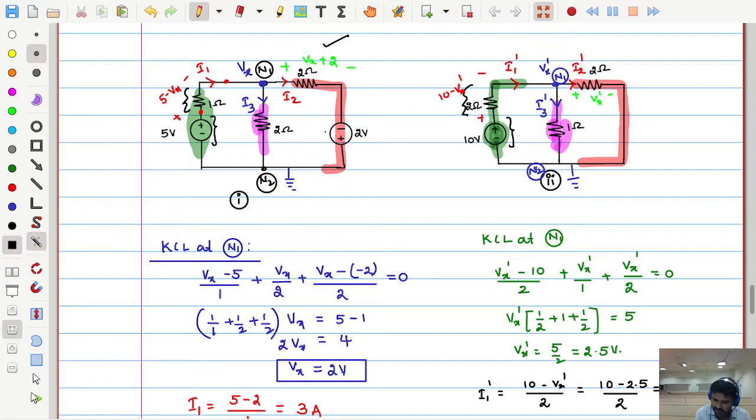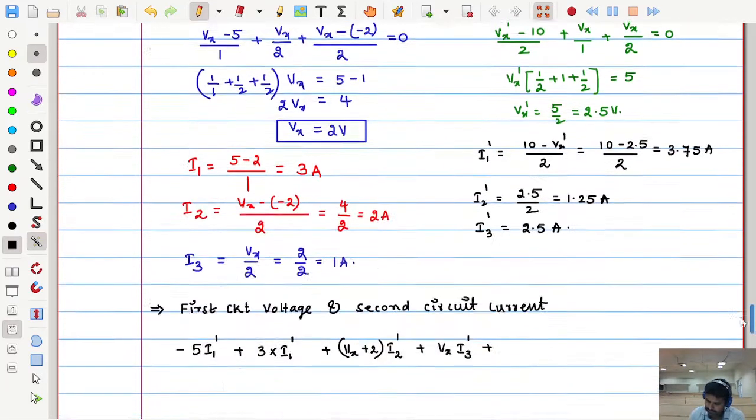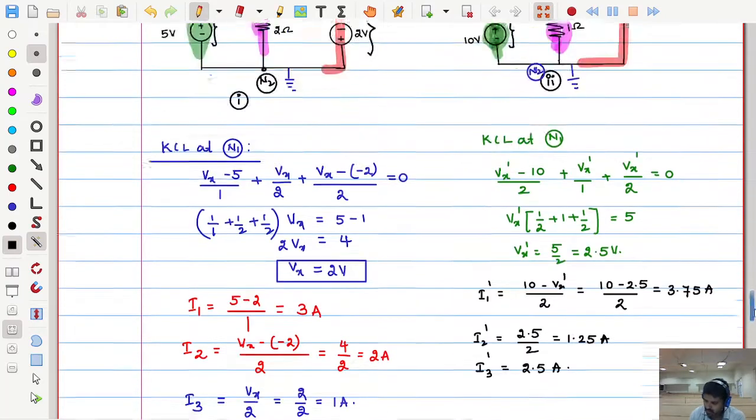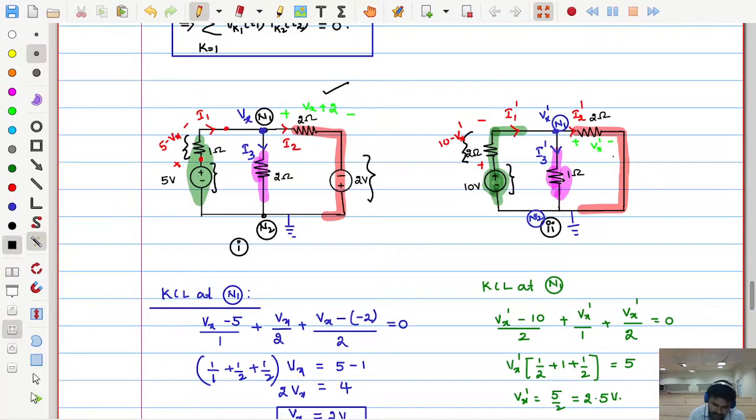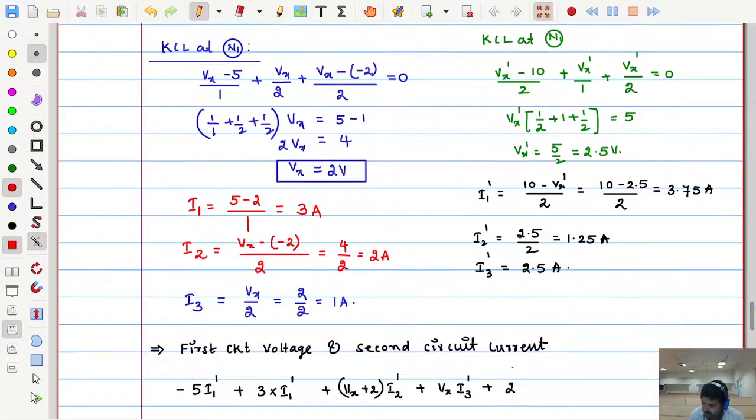Next, here how much is the voltage for this? 2 volts. How much is the current in this branch? You should carefully observe that some voltage may be there whose value is 0 volts. Here negative, here positive, the same polarity should be carried forward. Now the current flowing through this is I2 dash, entering the negative terminal.